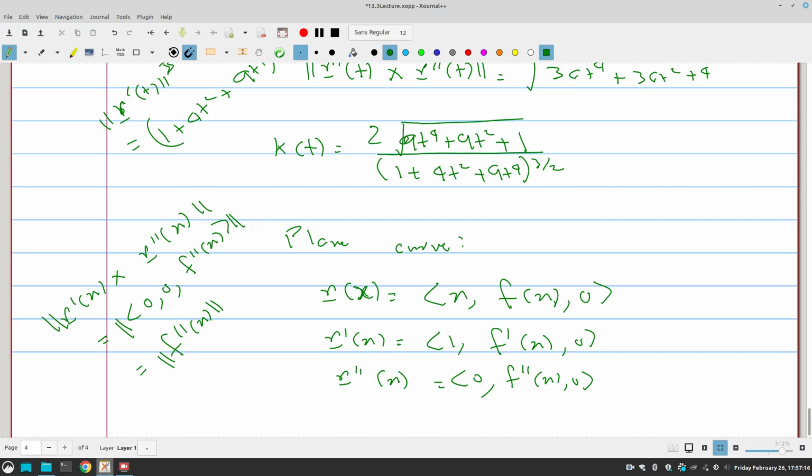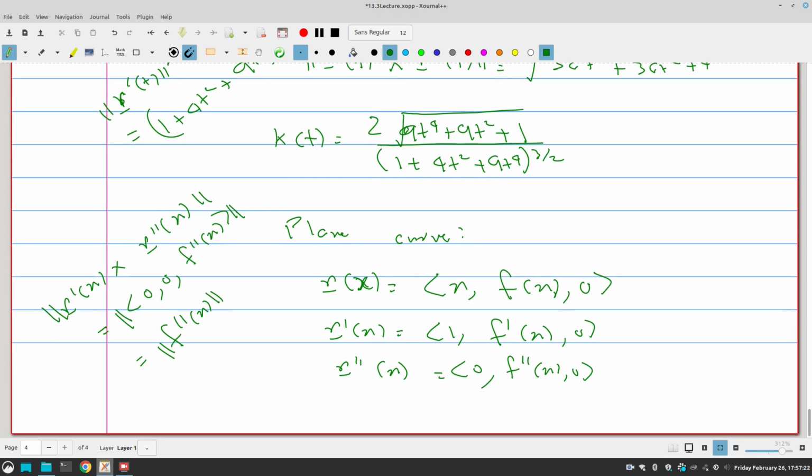And of course downstairs you have the cube of the magnitude of r prime x, which is actually equal to 1 plus f prime x squared, to the 3 over 2.